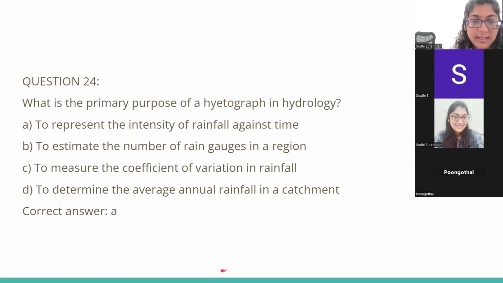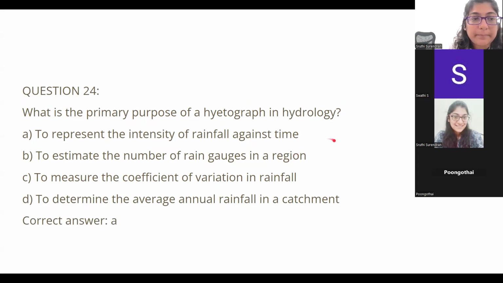So, correct answer is A. Pungutai, correct answer. It is representing the intensity of rainfall against time.